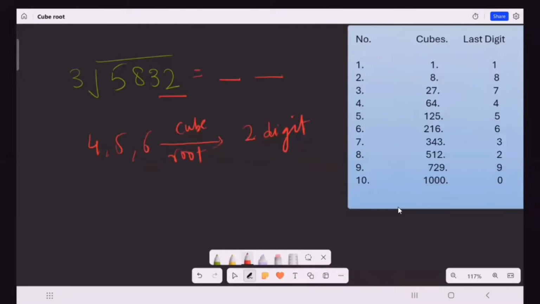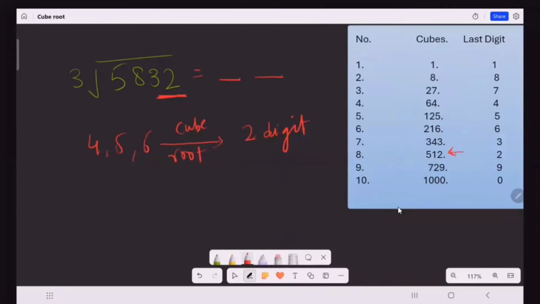The first step of our method is to look at the unit digit of 5832, that is here. Now we are going to look at our table and see where the number 2 is. This is 2 in our cube column.